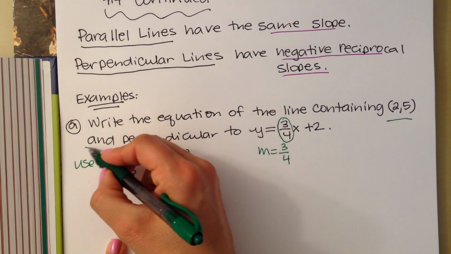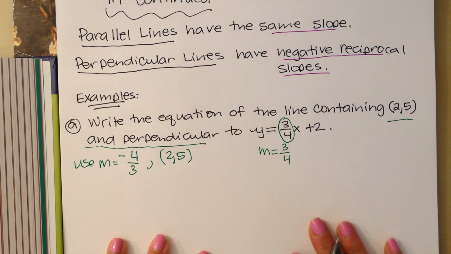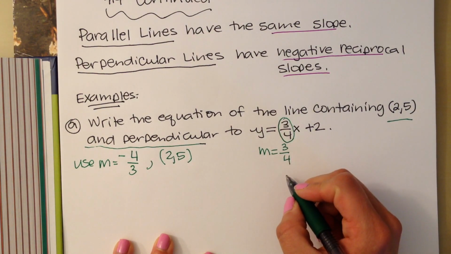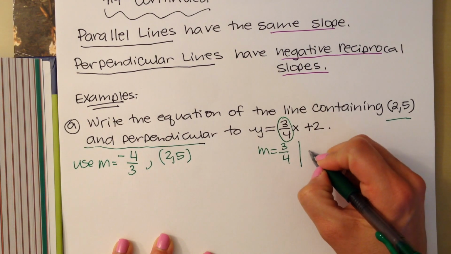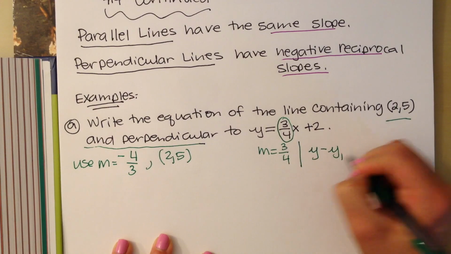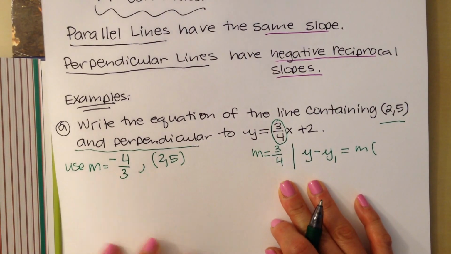Okay, so this is my information that I need to use to write my equation. We can use point-slope form. Remember, point-slope form was y minus y1 equals m times (x minus x1).